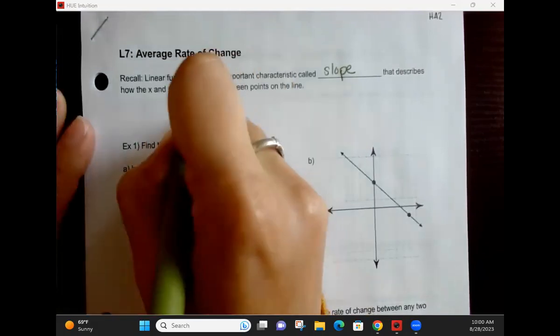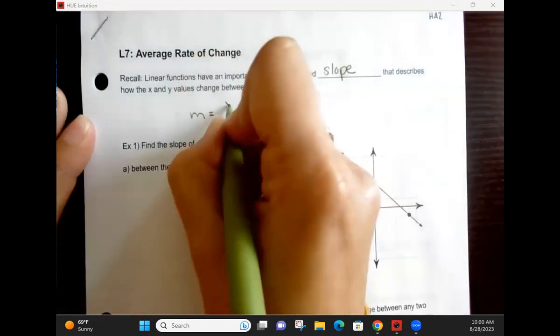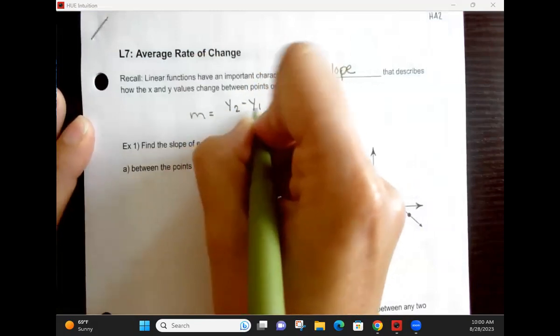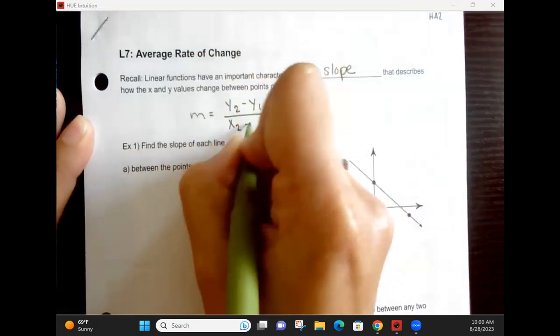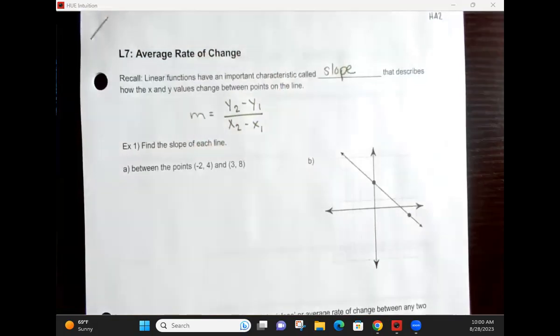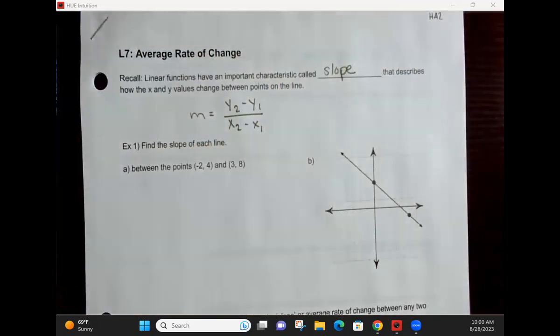If you remember, we have a formula to find slope. It looks like this: y2 minus y1 over x2 minus x1. I want you to notice y is that vertical axis.